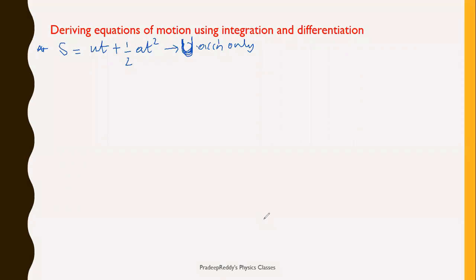So for that, as we know, the basic equation for velocity v is equal to ds divided by dt. Already you know this. Now from this, I'll just write it as ds is equal to v into dt.